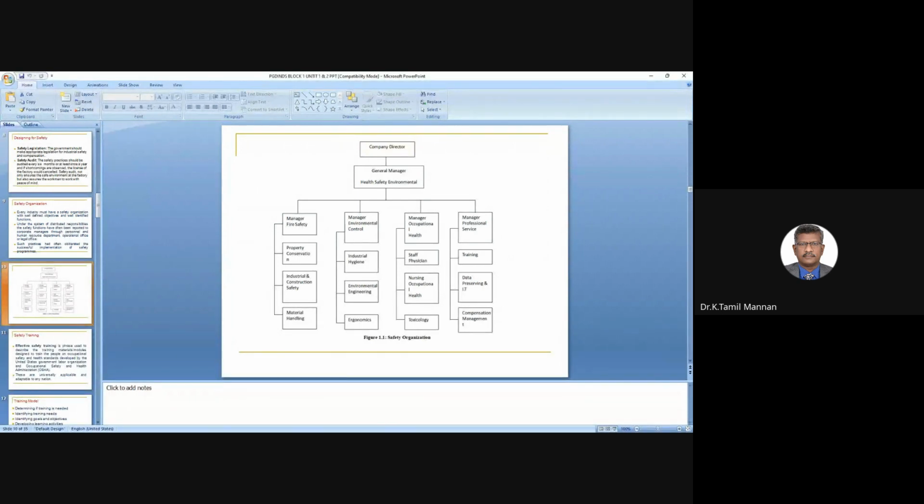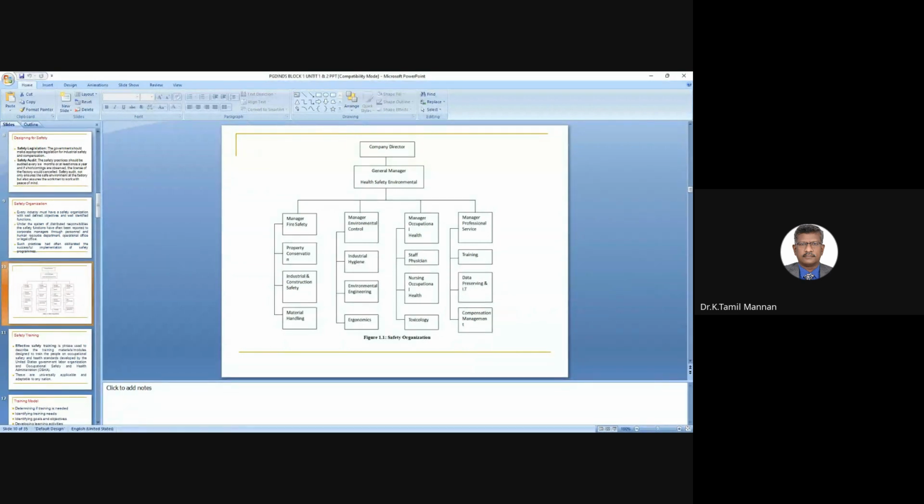The manager in environmental safety controls environmental control, industrial hygiene, environmental engineering, ergonomics, and occupational health. The safety manager covers occupational safety and health of workers, employers, and staff, physician or nursing, maintaining the health of employees, and toxicology, that is, what medicines need to be made available in the industry.